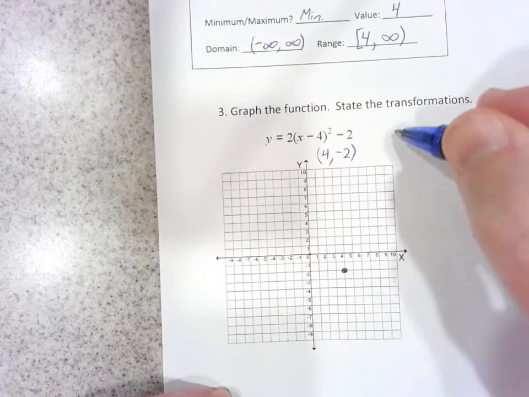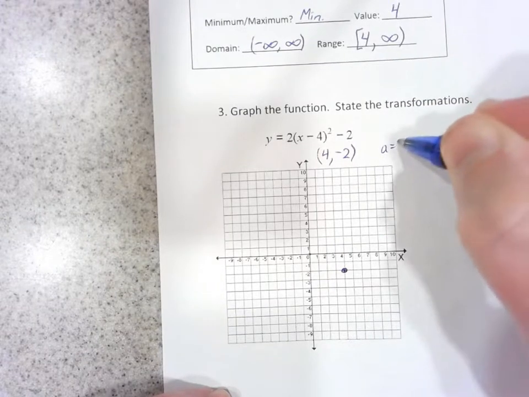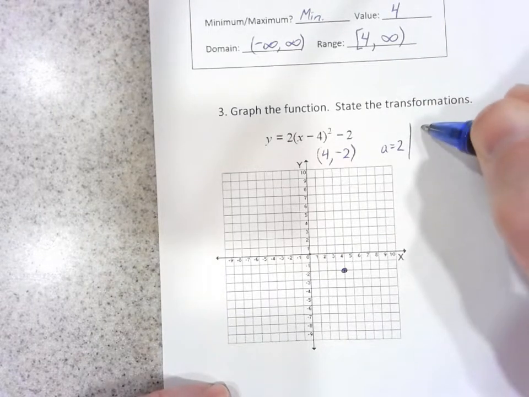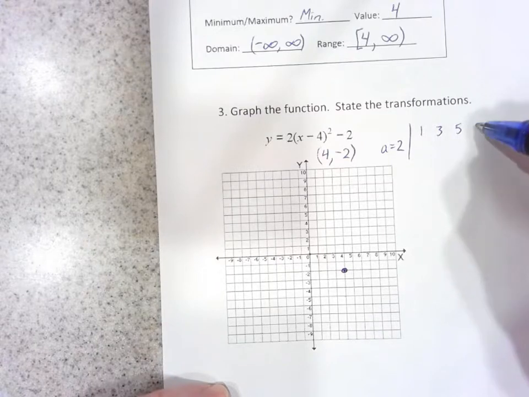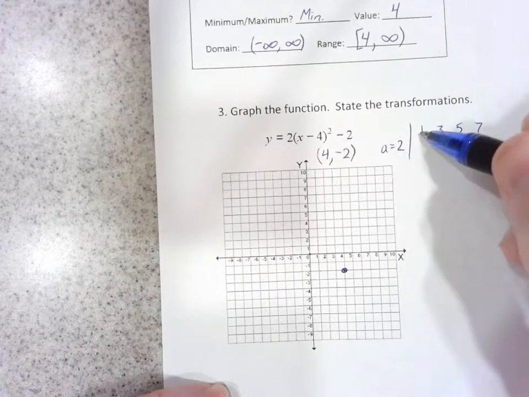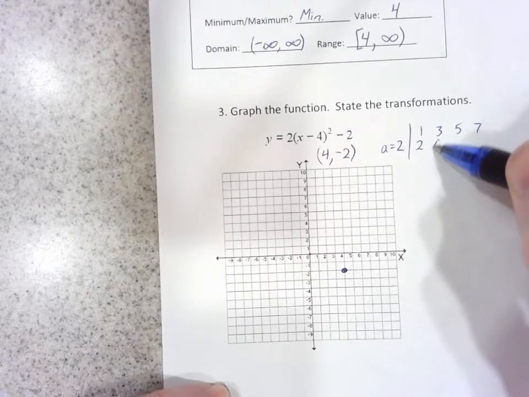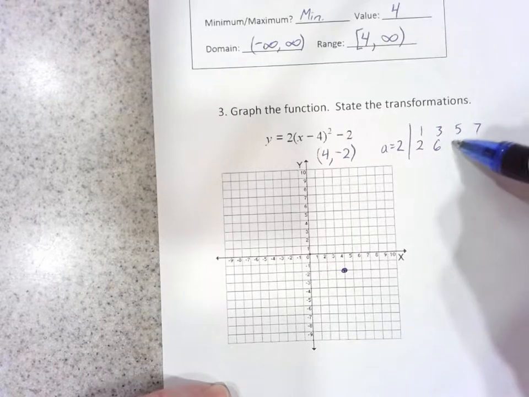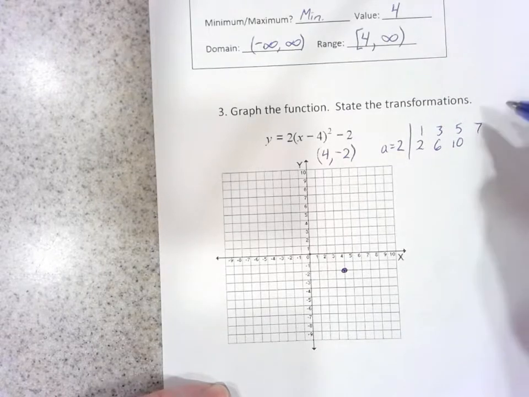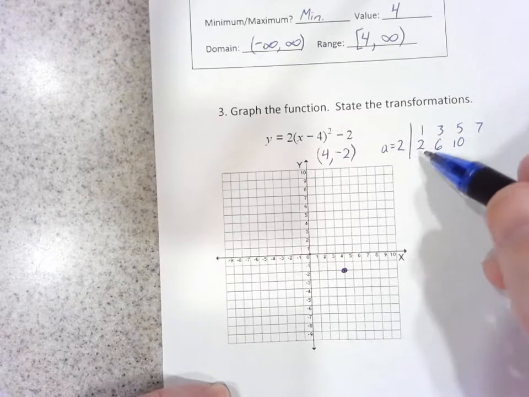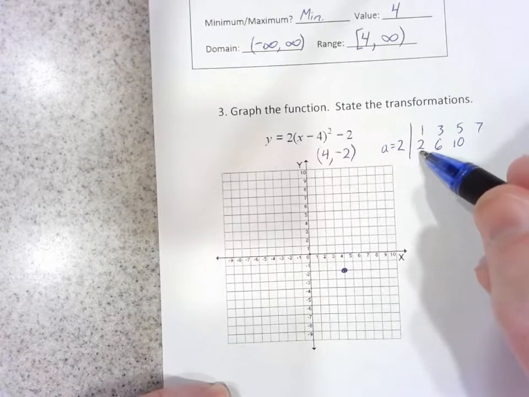And this is where we use the 1, 3, 5, 7 and multiply each of those values by 2. So 2 times 1 is 2, 2 times 3 is 6, 2 times 5 is 10, and so on. And so when I go over to the right or to the left 1 unit, I'm going to go positive 2 units.